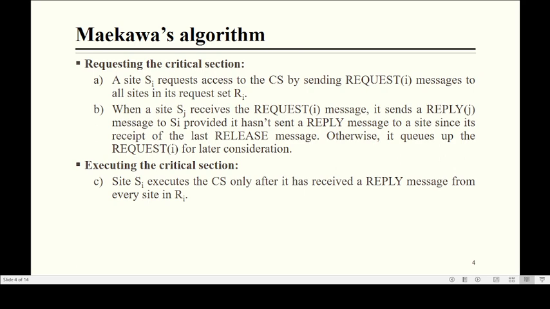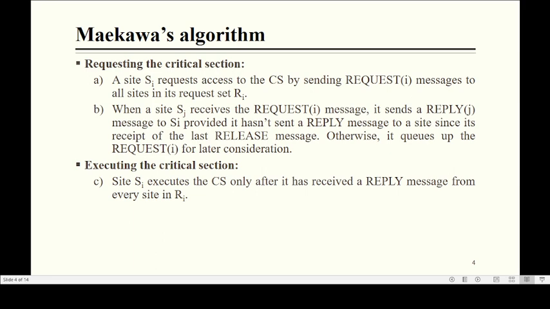Coteries and quorums can be used to develop algorithms to ensure mutual exclusion in a distributed environment. A simple protocol works as follows. Let A be a site in quorum A. If A wants to invoke mutual exclusion, it requests permission from all sites in its quorum A. Every site does the same to invoke mutual exclusion.